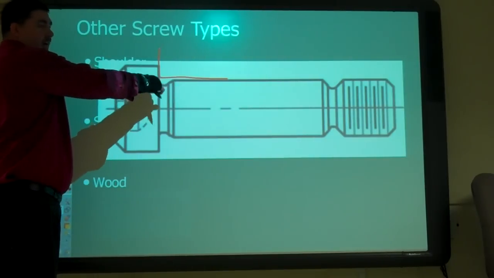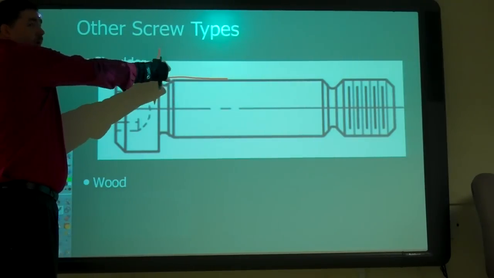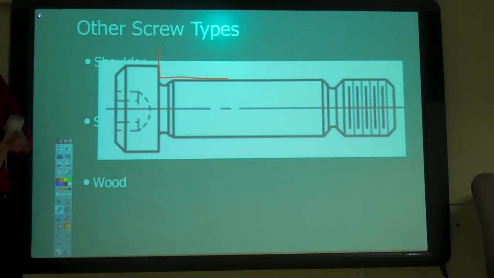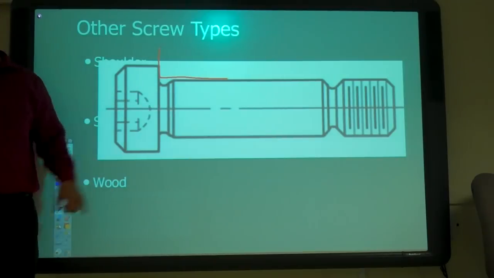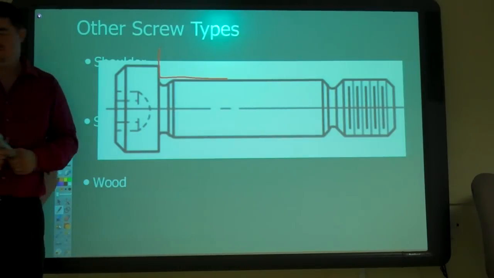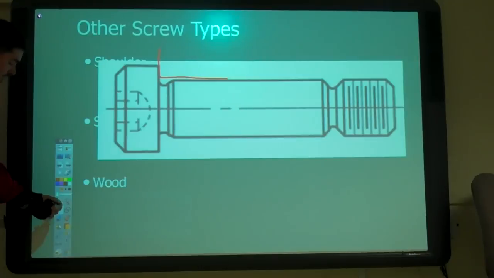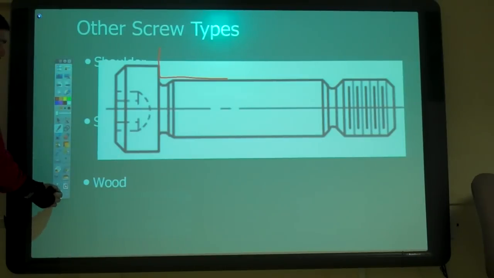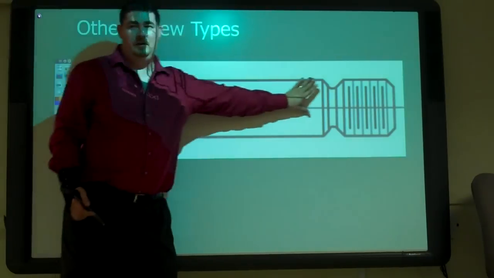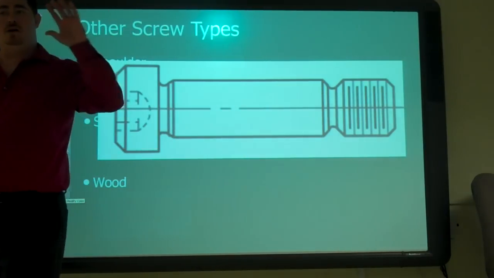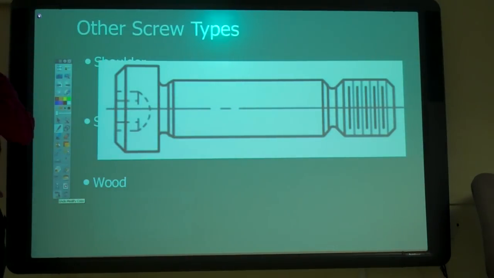So by doing this undercut, now this part can come all the way to the end, and it doesn't have to be chamfered or anything to get around that fillet. So that's one difference. The other difference you can't really tell from the drawing is that this part of it is usually ground really well, so it's really smooth, with a really nice finish. So it's going to work well with another piece rubbing against it.